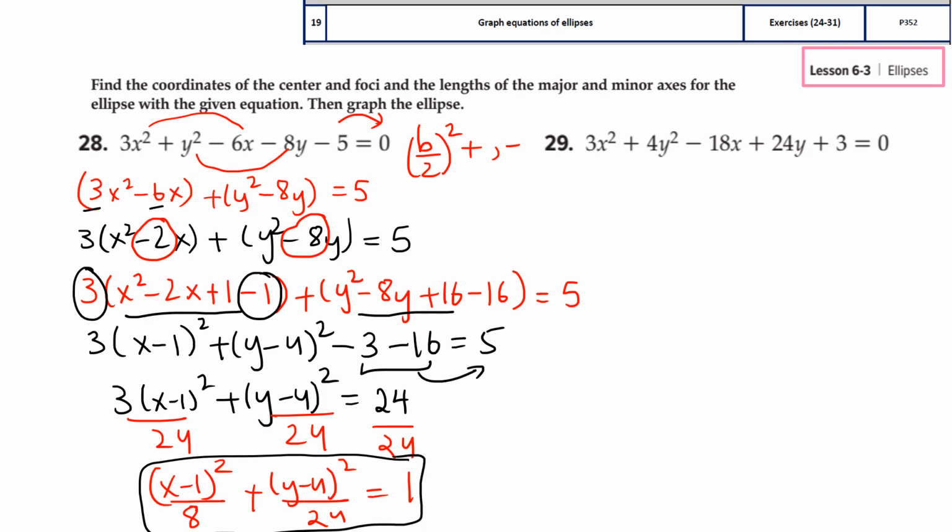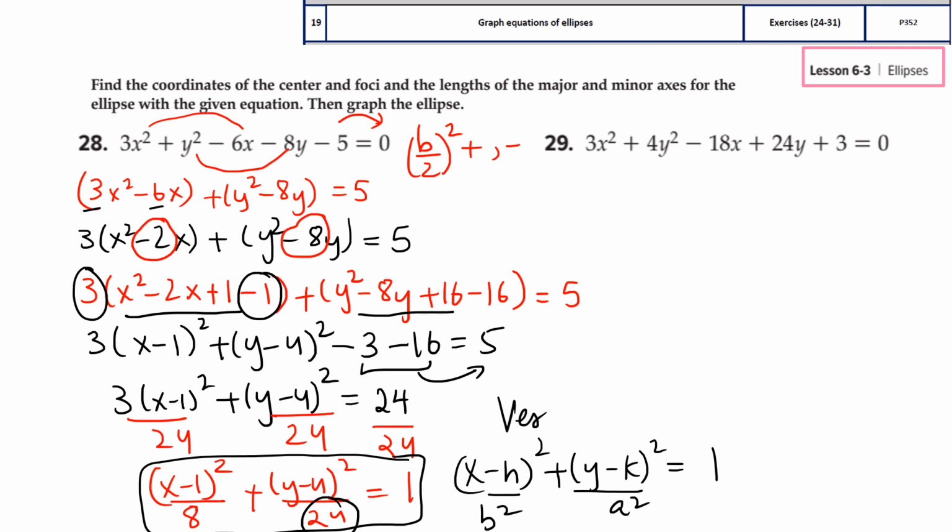So now I can compare with x minus h whole square over b square plus y minus k whole square over a square equal to 1. Now which one is bigger? Bigger is 24. So this is going to be a square, this is going to be b square. So you know that the ellipse which you are going to get here will be vertical. Okay. So let's now find the values.